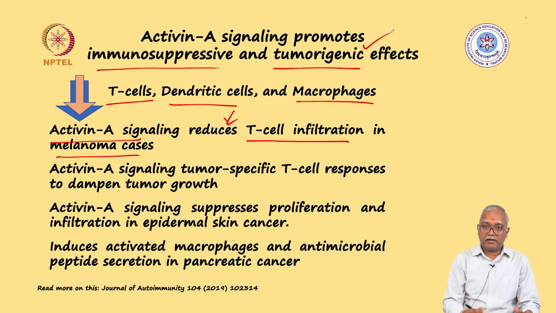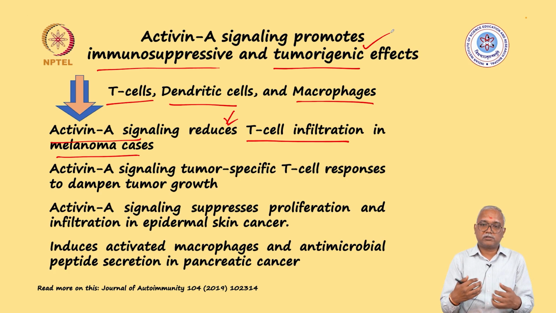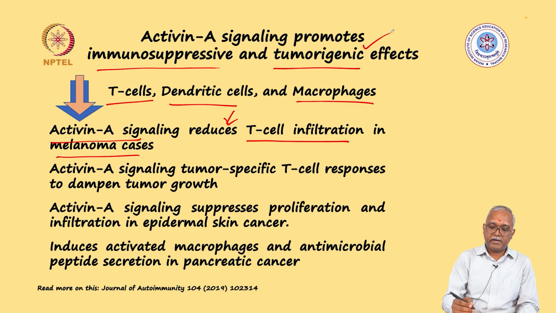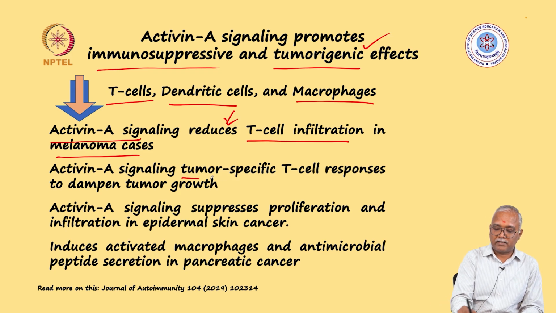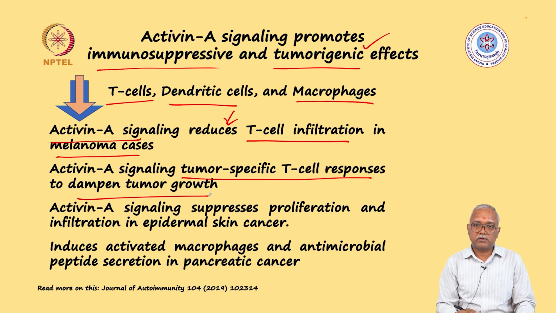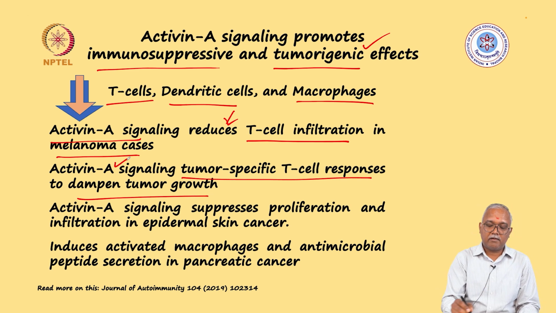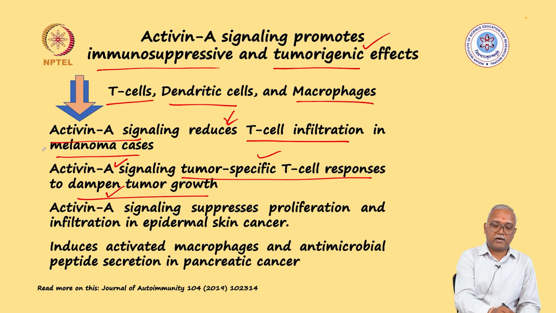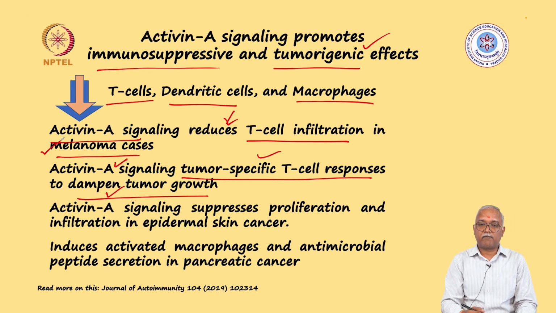Further, remember that depending on the cell type and the availability of the cues, the system will respond differently. So here tumor-specific T cell responses dampen the tumor growth. Same activin signaling, but a different scenario, you have T cell responses which dampen the tumor growth. In case of melanoma, it is inhibiting the infiltration and probably promoting the tumor growth.